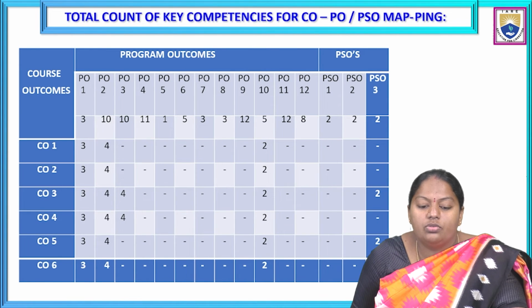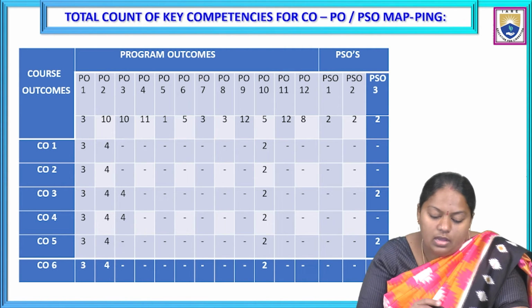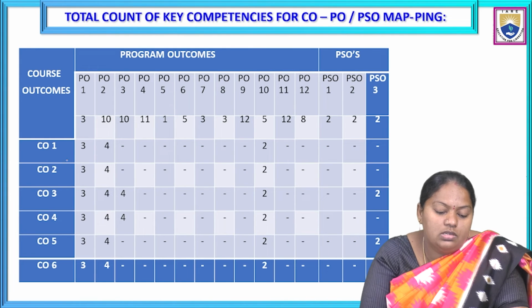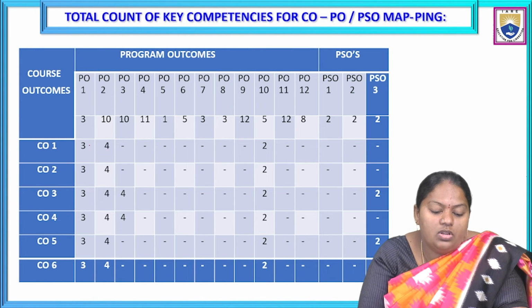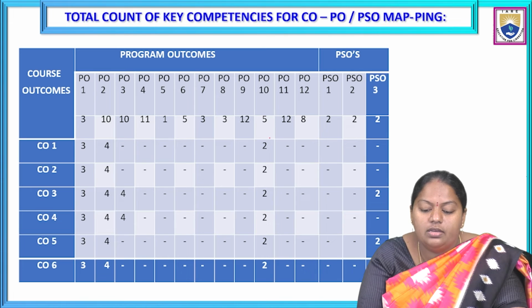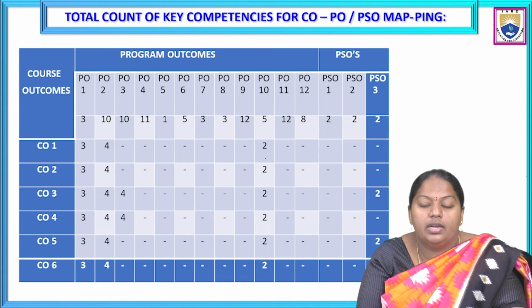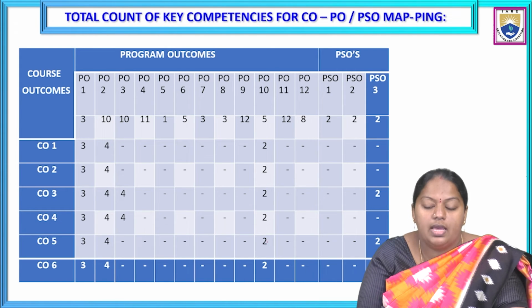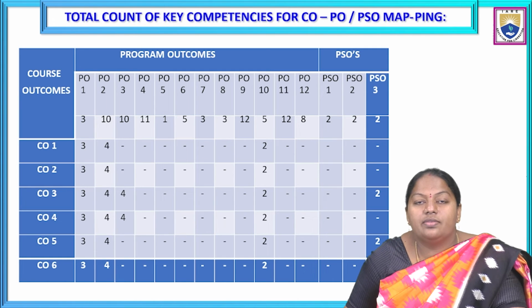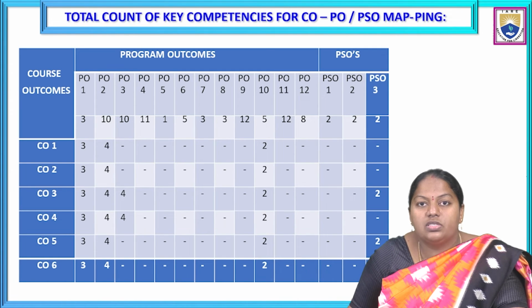Next, the total count of key competencies for CO, PO or PSO mapping. So whatever I have written in the previous justification table, I have tabled all those values here. CO1 is mapped to 3 and 3 keywords I have used, and for PO2 it is 4. Like that, all the CO1 to CO6 are to be evaluated, and here this PO10 I have considered, and it will be related to the communication one, and the least case I have considered 2 keywords for this, and for PSO3 it is related to the HFSS, high frequency structure simulator.